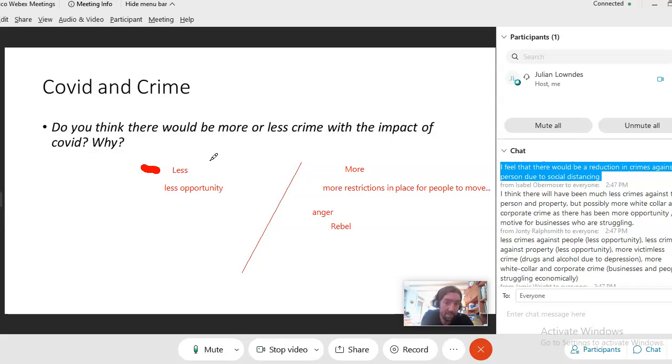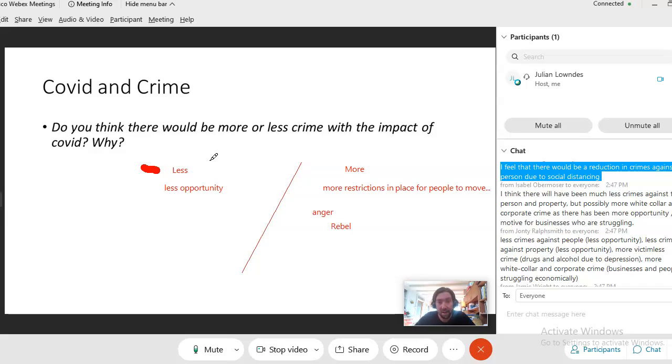Others thought that perhaps there would be more crime, so that there might be more restrictions and rules in place, and that might affect crime rates. So they're probably thinking about people that would be covered in statistics on offenders relating to movement between restriction zones and things like that.